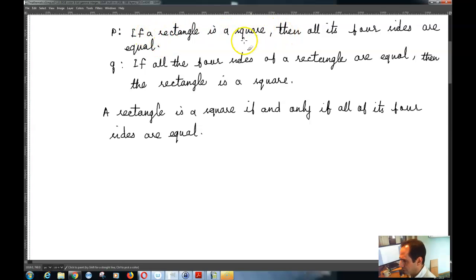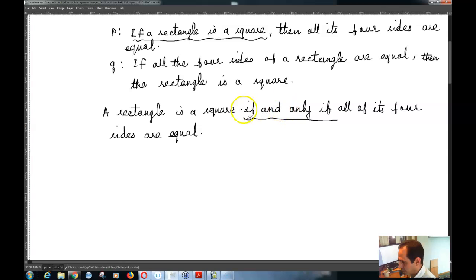So you can take all this statement over here and say that the rectangle is a square if and only if all of its 4 sides are equal.